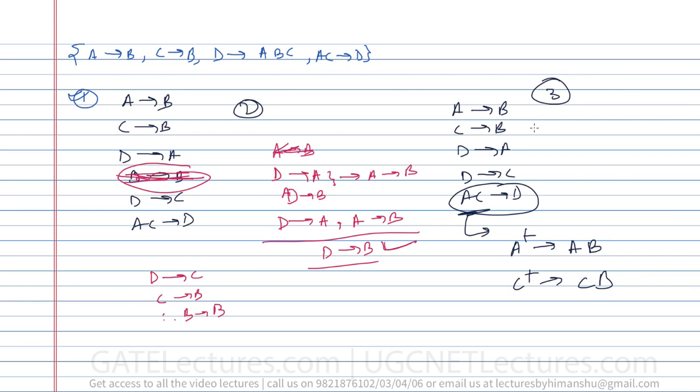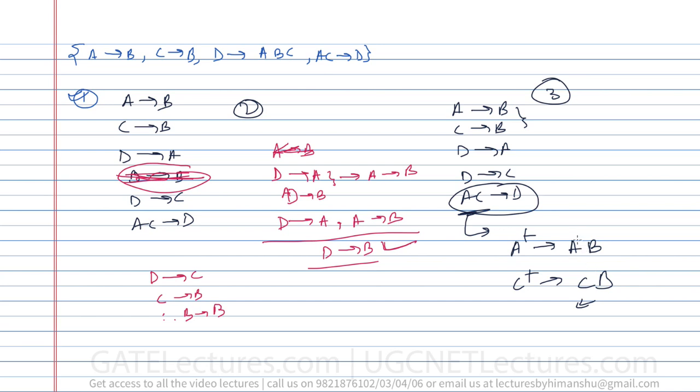Let us see if you can remove anything further. A closure contains AB, C closure contains CB, but it is not containing A, therefore you cannot remove this one.